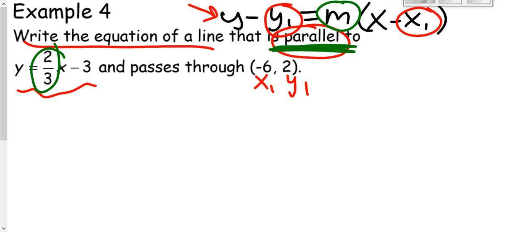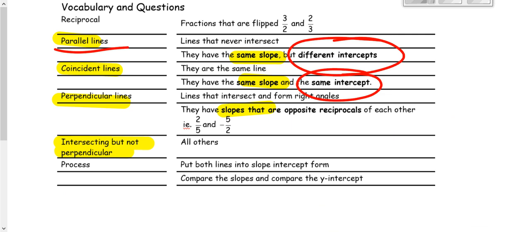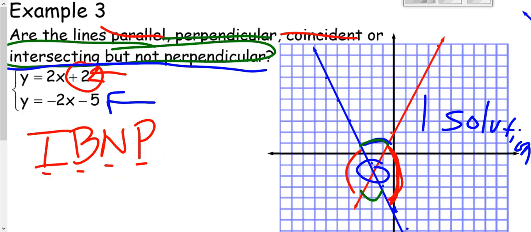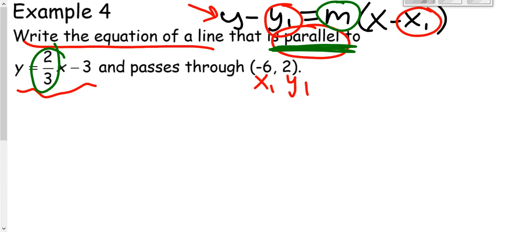Now, if we know the relationship to this slope right here, can we write the equation of the line? Yeah. If we're looking for parallel lines, do I want the same slope or a different slope? For parallel lines, we want the same slope. Go back to your vocabulary and questions piece. Parallel lines, same slope. So what is the slope we are looking for in example 4? It's 2/3. We're going to take the slope out of this equation and leave it the same.